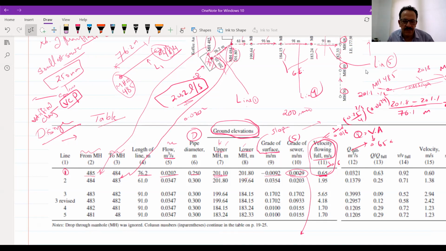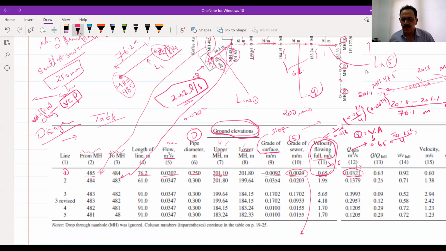The area of this sewer is pi d square over 4, so pi times 0.25 square over 4 times 0.65 would be 0.0318. So this is the Q full.